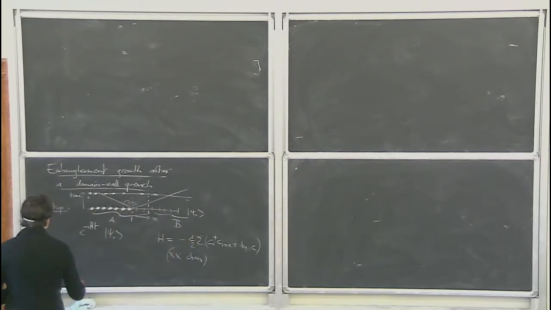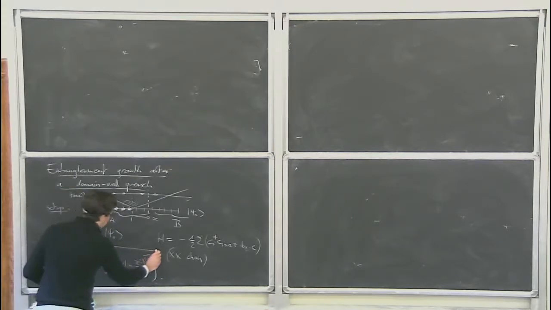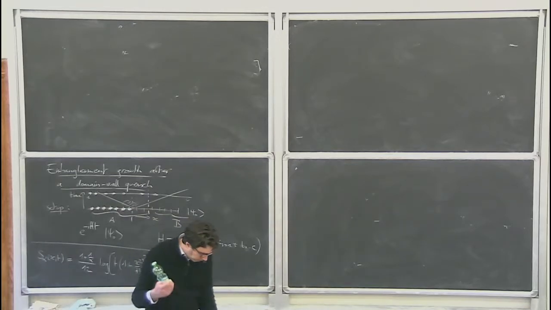So you can adapt what we have discussed to get the entanglement entropy in this form. It's log t, 1 minus x squared over t squared to the 3/2. And yeah, so I want to arrive at this.